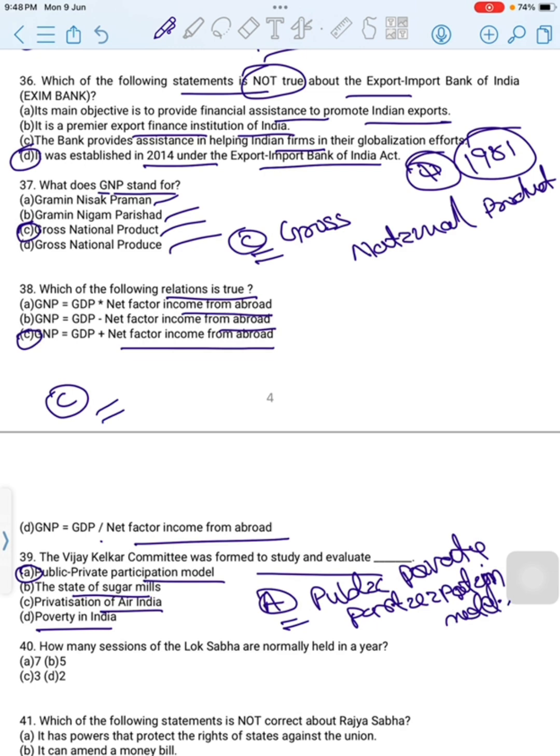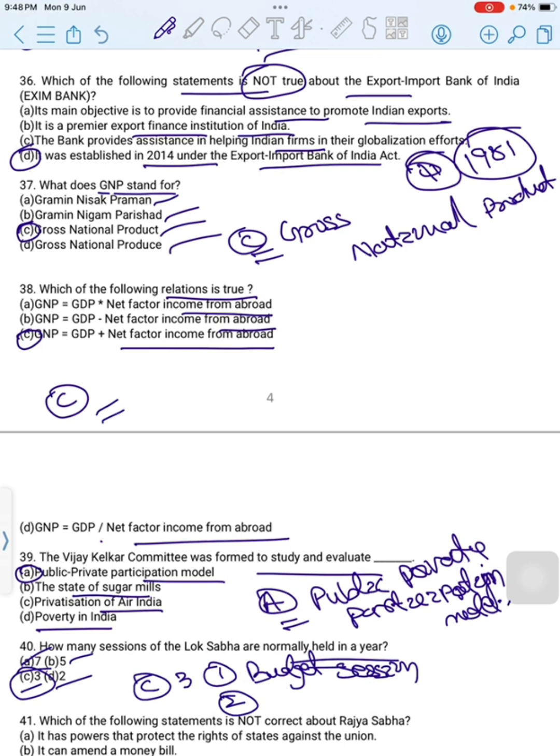Move to next question. How many sessions of Lok Sabha are normally held in a year? Option A is 7, option B is 5, option C is 3, option D is 2. Then correct option is option C, 3. There are generally 3 sessions of Lok Sabha in one year. First session is the budget session, February to May.